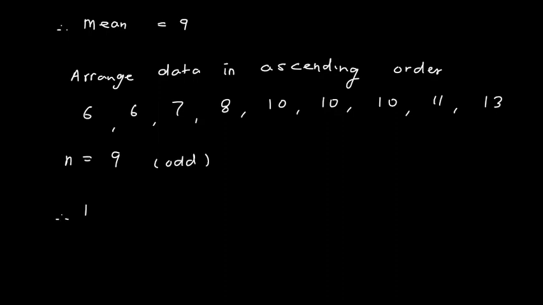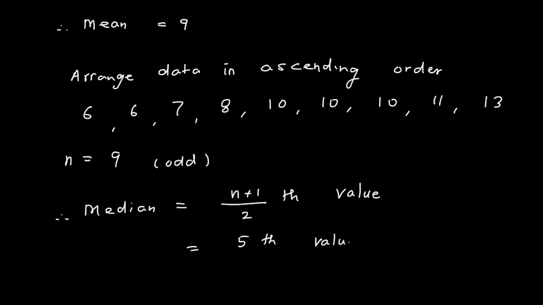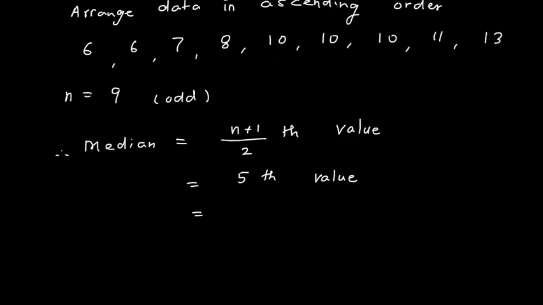So the median is, for odd data, the (n plus 1) divided by 2 th observation. That equals 9 plus 1, which is 10, divided by 2, so the fifth value. At the fifth position, 1, 2, 3, 4, 5, we have 10.